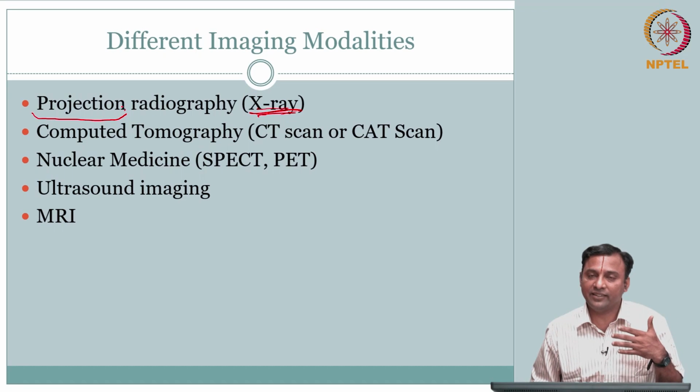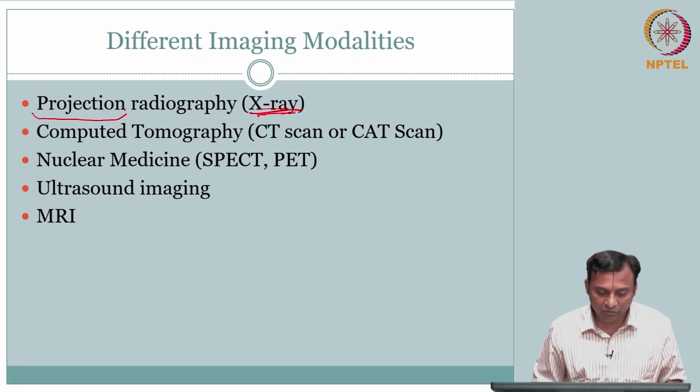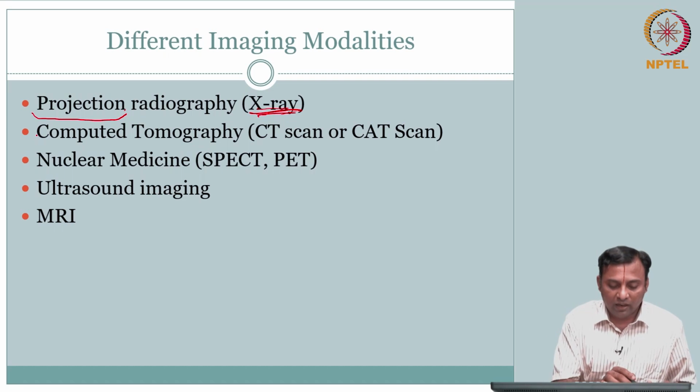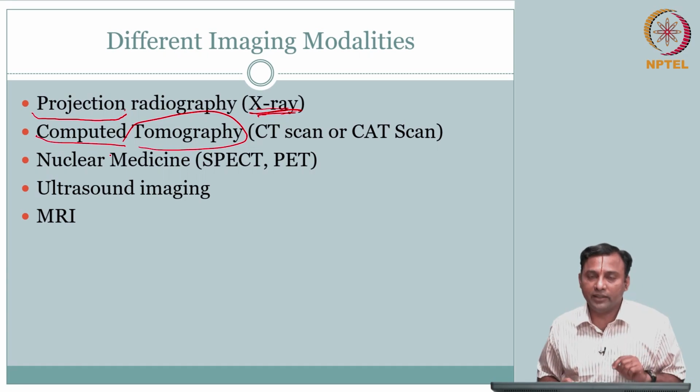Chest X-ray, for example, is where we gave the example of a volume collapsing to a projection. So, projection radiography, and then computed tomography. This is very important because, as it says, it is just computed tomography. It is essentially mathematical; it does not tell which signal it is.